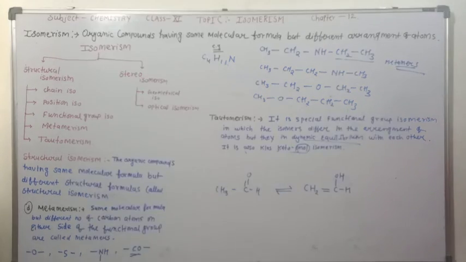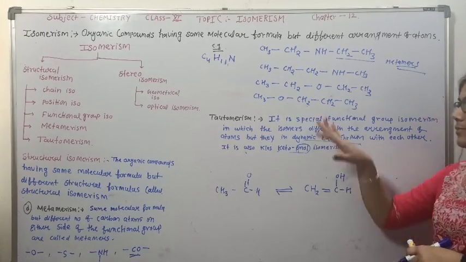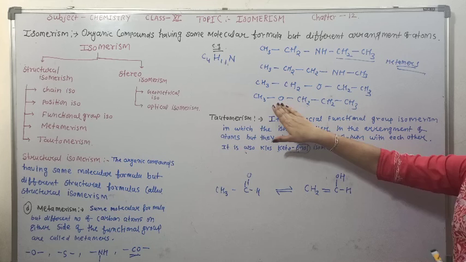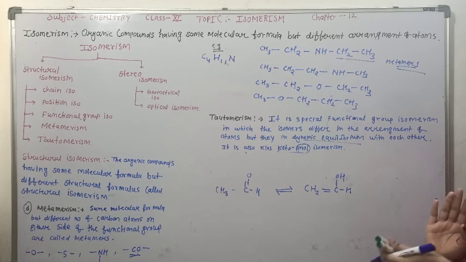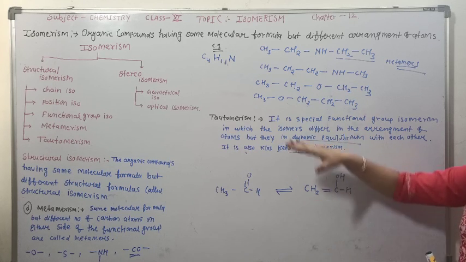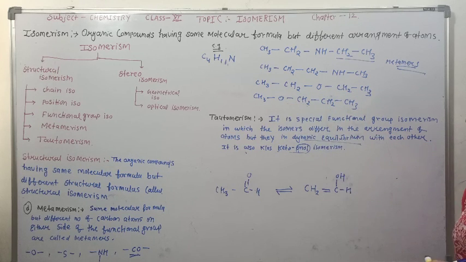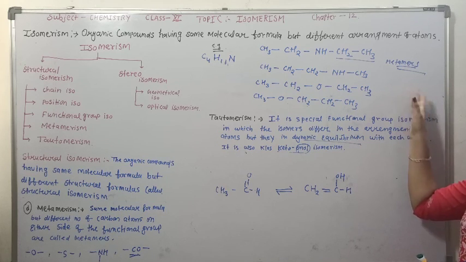So this isomerism is possible in a bivalent functional group, that is the functional group which is connected on both sides with alkyl groups. So the number of carbons is different on either side of the functional group, changing their position, called metamers.